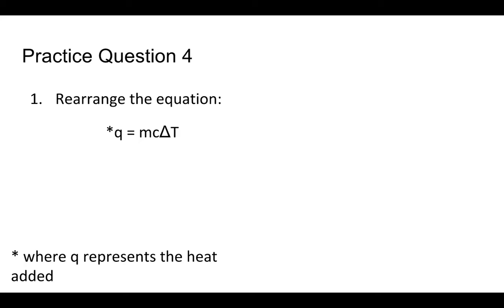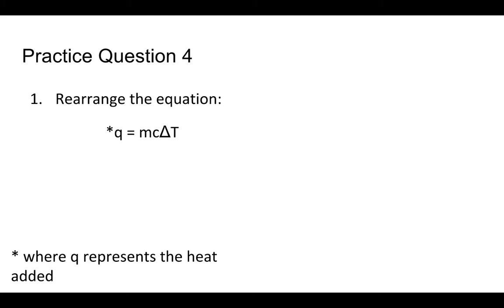Because we're being asked to calculate the heat absorbed by the water, it's actually not a delta H question, because we're not looking at a change in enthalpy in terms of a chemical reaction. We're just looking at the amount of energy absorbed by the water. So we're using Q equals mcΔT in this instance, where Q represents the heat added to the system.